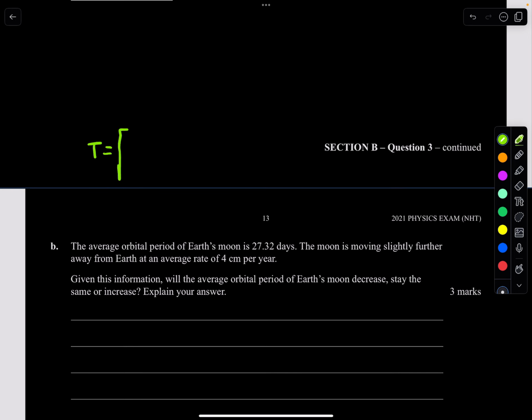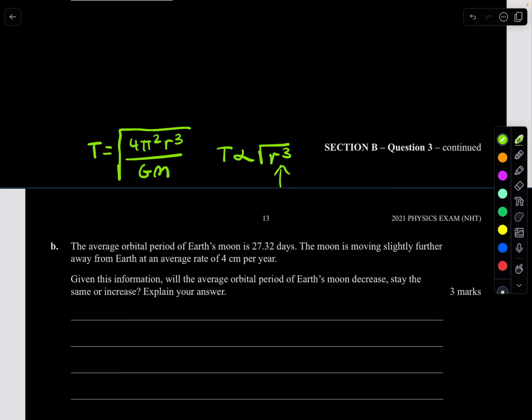We know the period is the square root of 4 pi squared r to the power 3 over GM. And so we can see that your period is proportional to the square root of r to the power 3. Because our radius is increasing, 4 centimeters per year, so it's increasing slightly, your period will also increase.